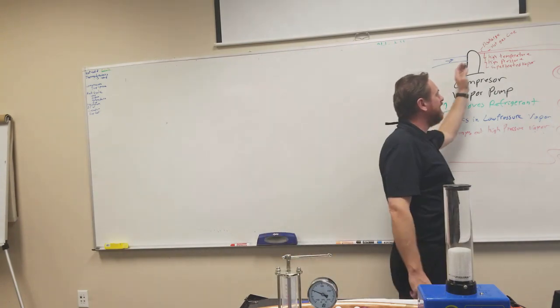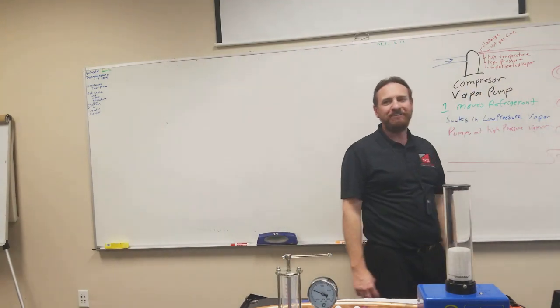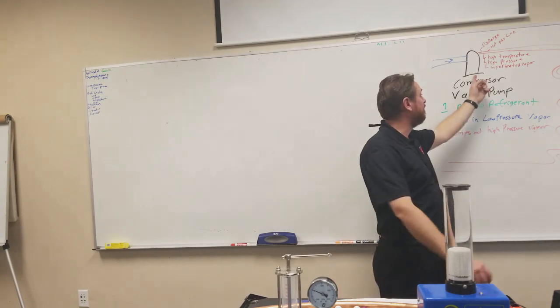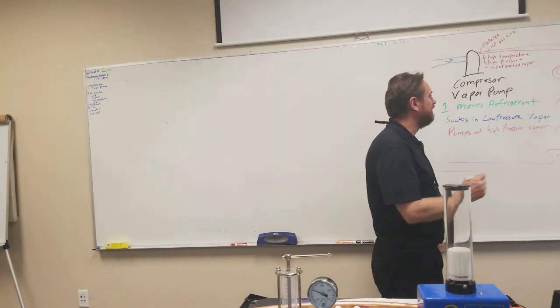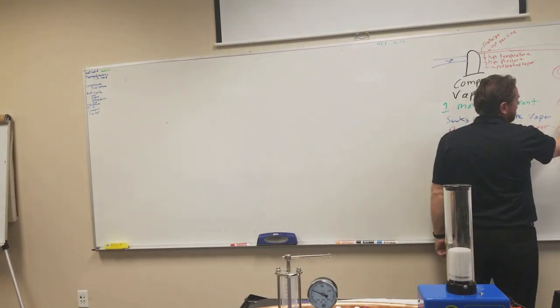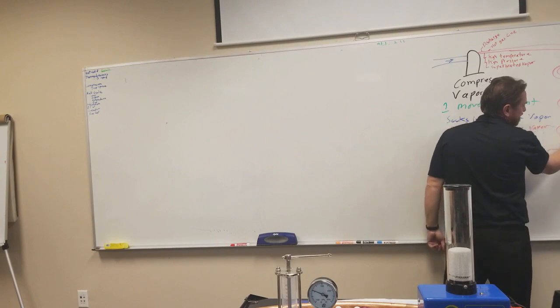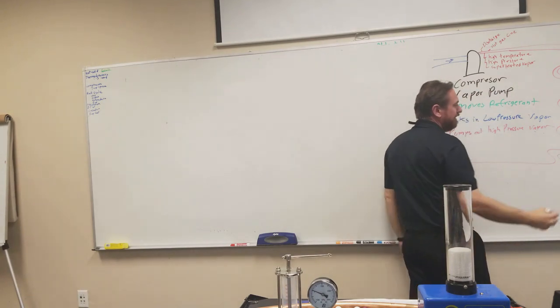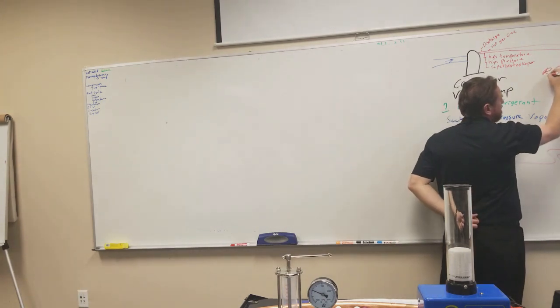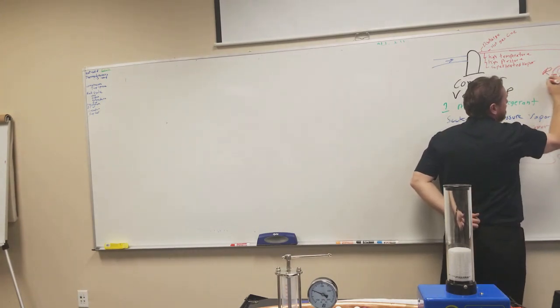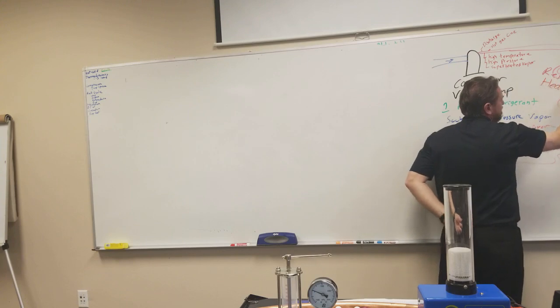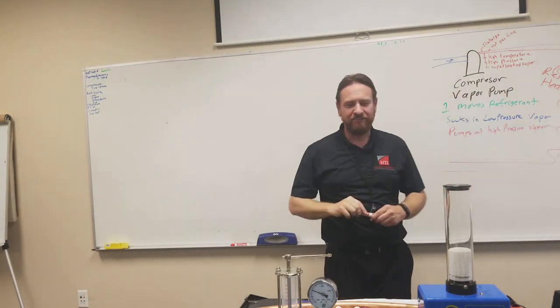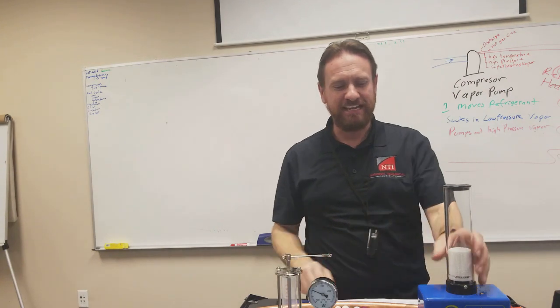But from there, that line ends up at a component, and this is one of our key components. The first key component is the compressor. The next key component is called our condenser, and the job of the condenser is to reject heat. It's rejecting heat, getting the heat out of the refrigerant.